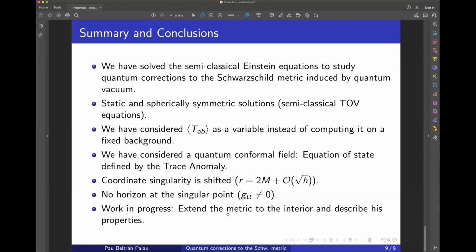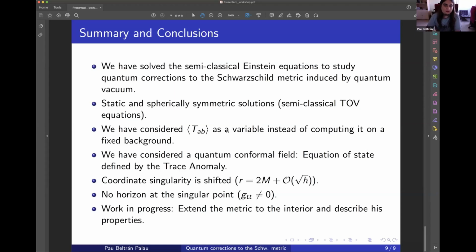So perhaps it would be a better idea to motivate whatever conjectures you want to make about the equation of state on some state that is truly Hadamard at the horizon.